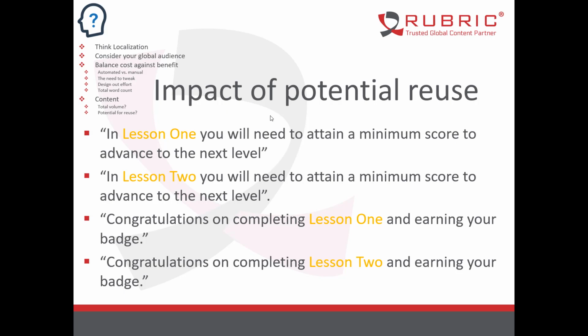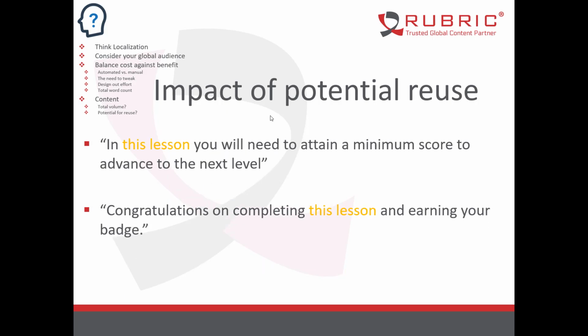Again, when we scale this up, the additional translation, the additional audio recording, and engineering effort required soon adds up to a significant amount, and is it worth it? Instead, could the narrator just say, in this lesson? And that can then be reused in every lesson without the need to re-record and retranslate 40 different variations of this sentence.